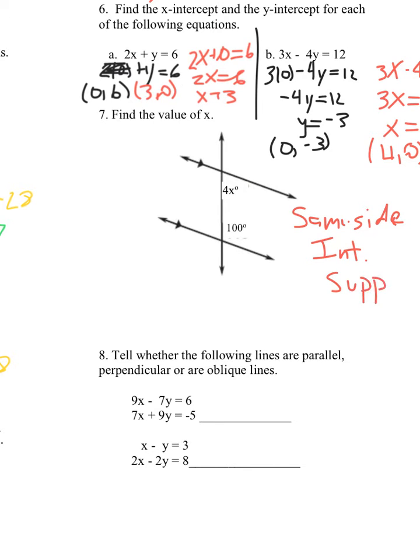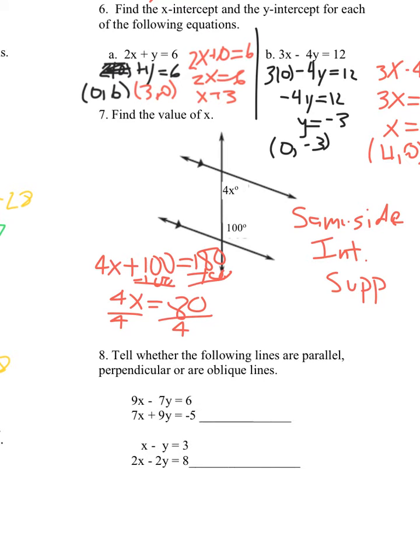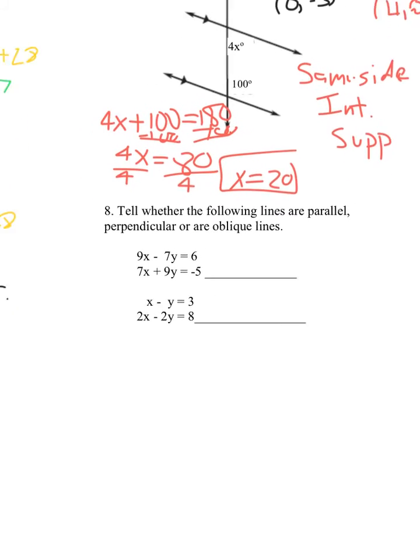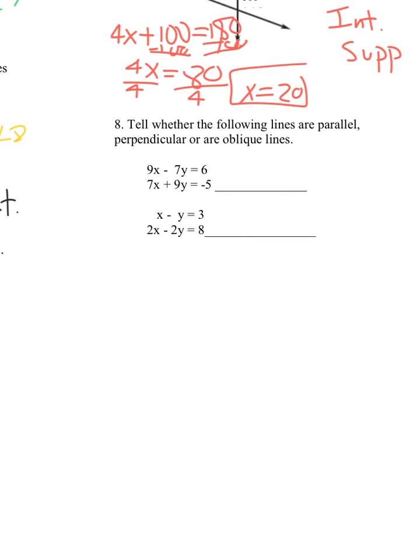They are supplementary. 4x plus 100 equals 180. 4x equals 80. x equals 20. Okay? Tell whether the following lines are parallel, perpendicular, or oblique.